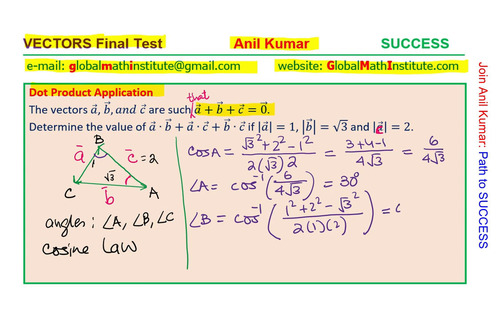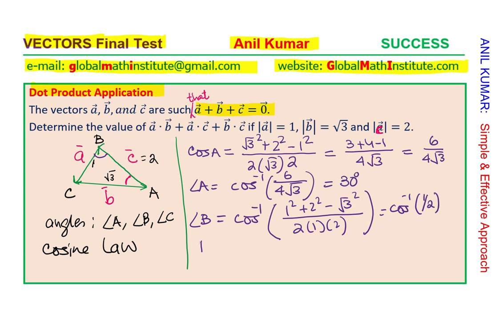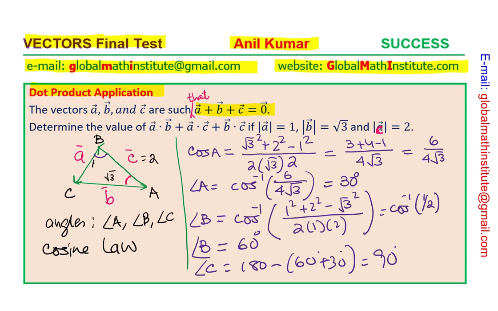This is cos inverse of half, so angle B is equal to 60 degrees. Now you can find angle C. You can also see that angle C has to be 180 minus 60 plus 30, which is 90 degrees. So we'll end up finding that this is a right angle triangle.